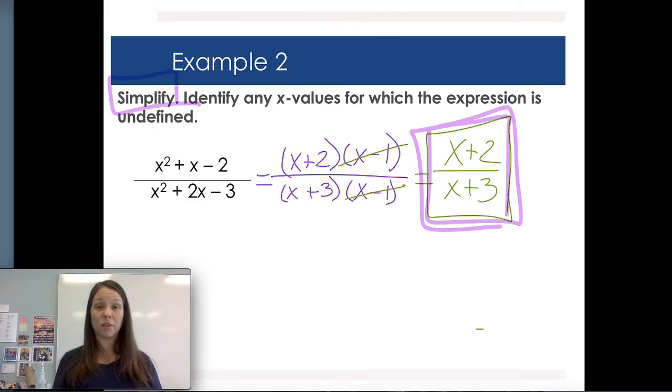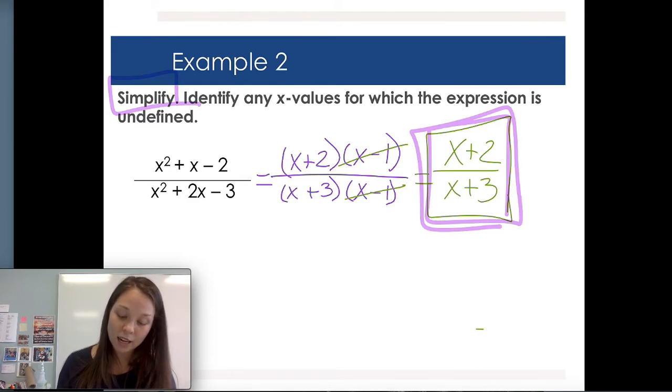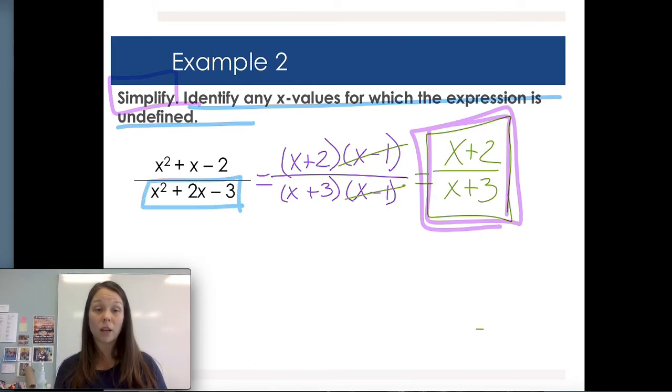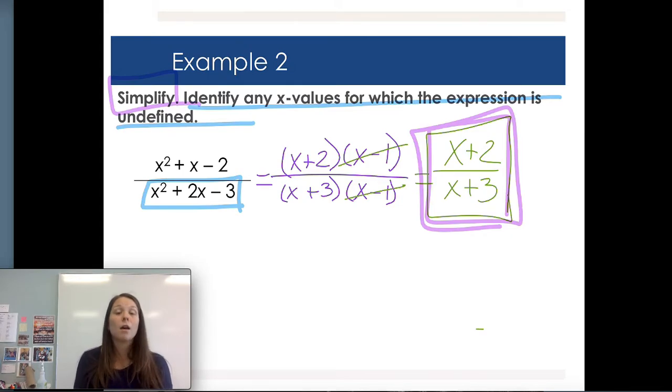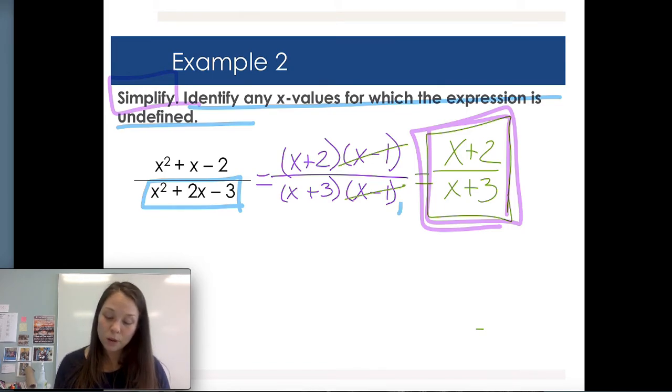The second part of the instructions says to identify any values for which x is undefined. Remember, that means we're taking this original denominator and solving for values of x that would make it 0. Now, we've already actually done a lot of the legwork for this because we factored our denominator already.